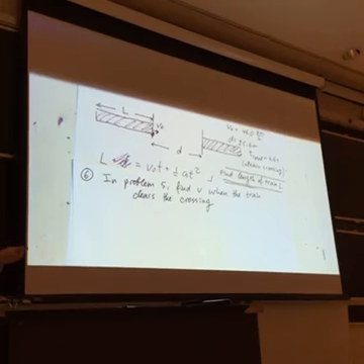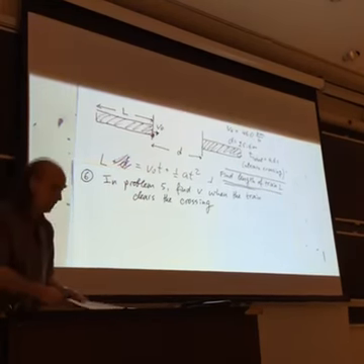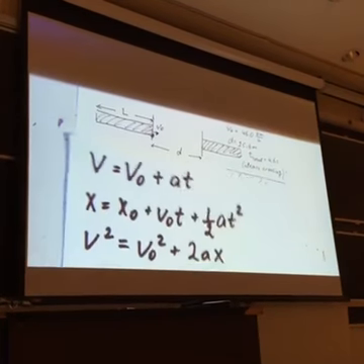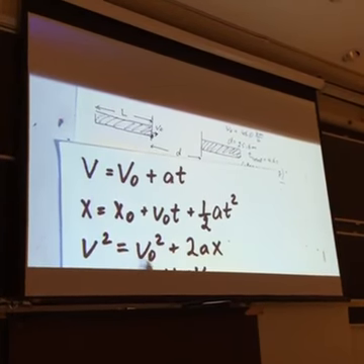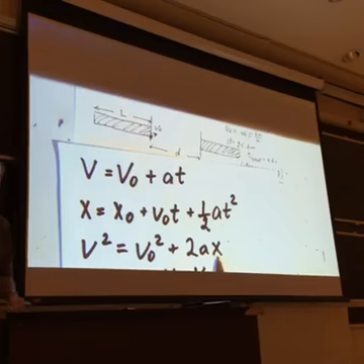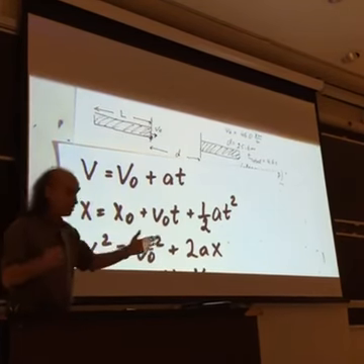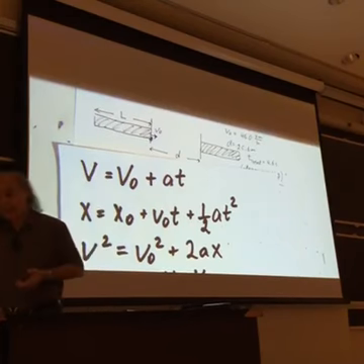I know initial velocity, I know distance traveled, so it's just a one-step problem. I'm asked for final velocity when initial velocity is given, acceleration is given, and total distance traveled is to determine: the width of the crossing plus the length of the train.